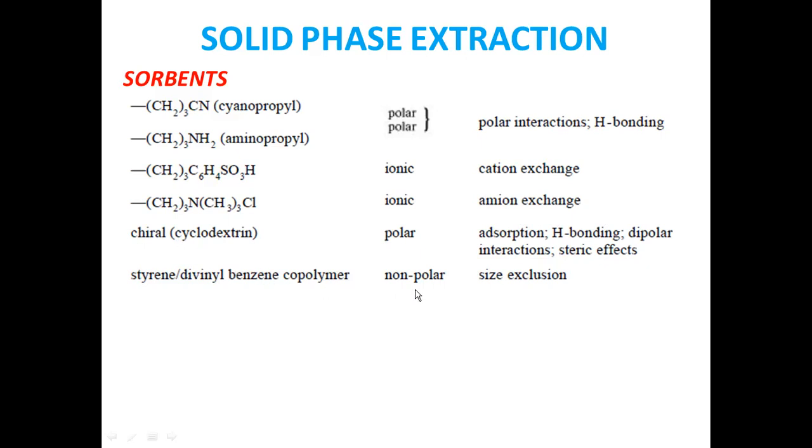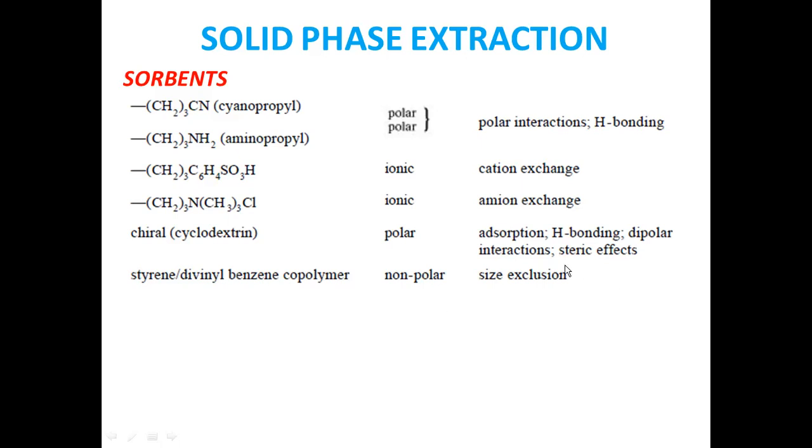It is chiral, it is highly polar. So because of the extreme polarity of cyclodextrin, adsorption or hydrogen bonding or dipolar interaction or steric effects, because that is a bulky molecule, steric effect can be seen, right?